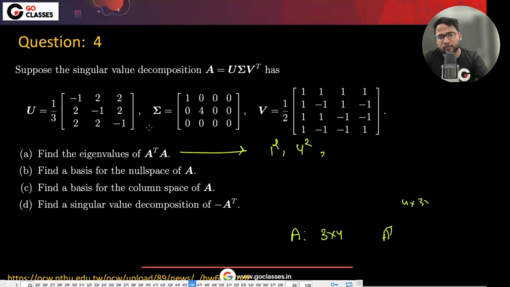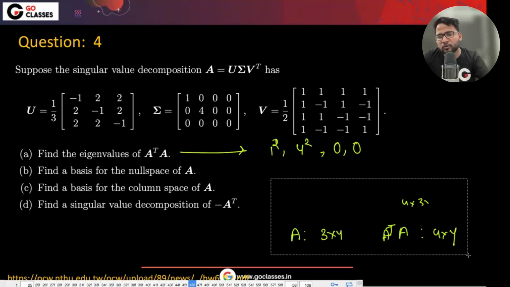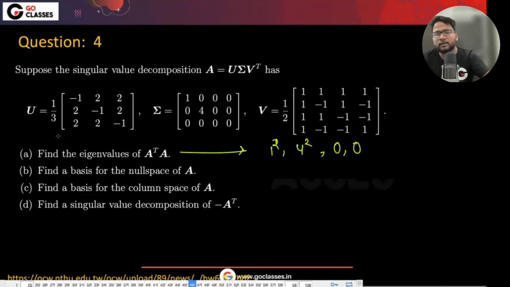So A transpose A will be 4 cross 4. I think there are 4 eigenvalues. So what are those? The non-zero ones are 1 square, 4 square. Other than that, these are the zeros.